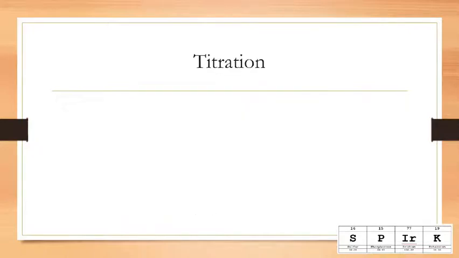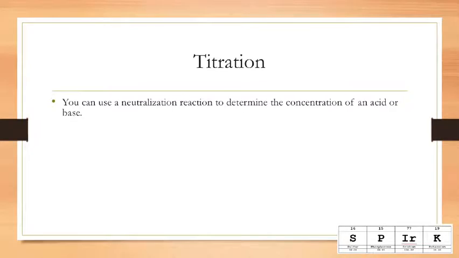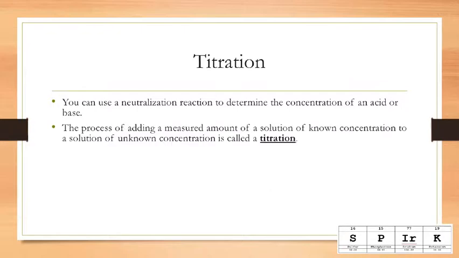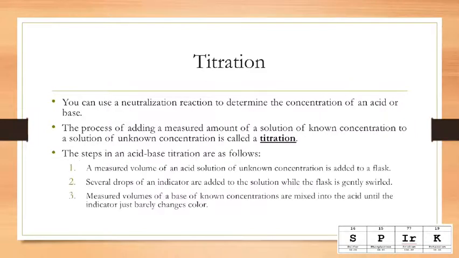So now we're going to start to talk about a type of reaction and something we can do in the lab called a titration. You can use a neutralization reaction to determine the concentration of an acid or base. The process of adding a measured amount of a solution of known concentration to a solution of unknown concentration is called a titration.